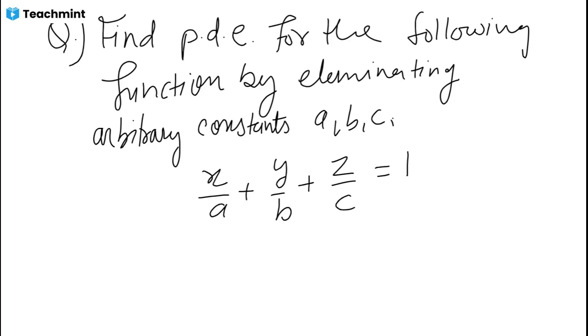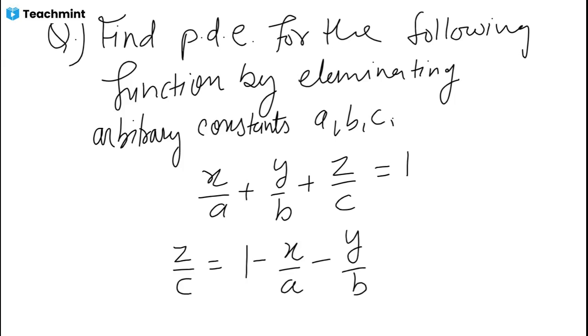Now let us differentiate, because z is a function of x and y. So we need to differentiate this function with respect to x and with respect to y. Also we can write this as z over c is equal to 1 minus x over a minus y over b.